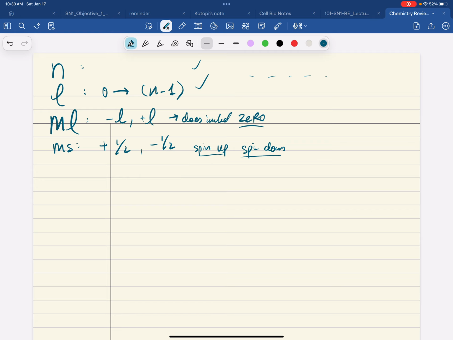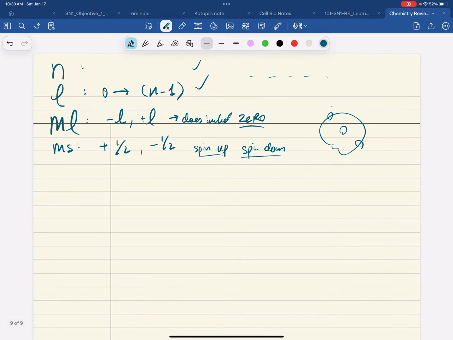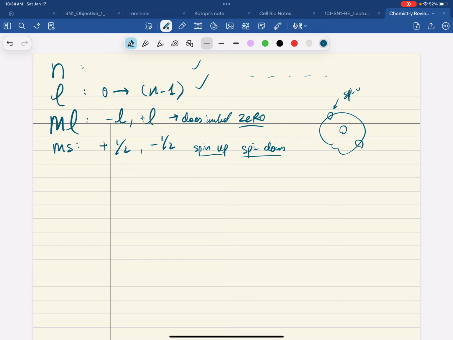And this will be further clarified, but usually we have 2 electrons in one orbit, right? So one of them will be spin up, so MS is plus half, and the other one will be spin down, so MS is minus half.